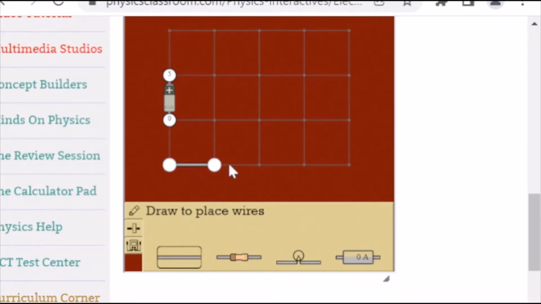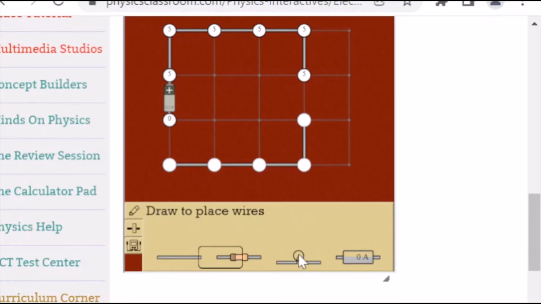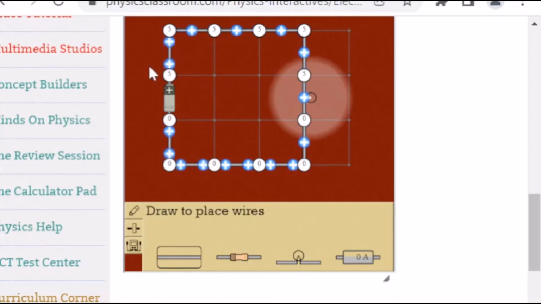This is a virtual experiment, so this is a series. I shall make a series, and one light bulb. Now this is a series, and what happens is the electric current will flow through the wire into the light bulb and back to the negative terminal.